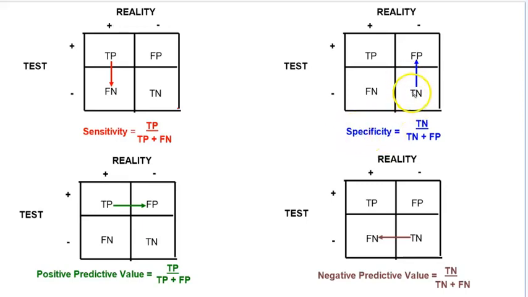Specificity, just trying to come up with a way for you to remember this. We're going on the negative side of the chart, and now the arrow is going up. And I shared with the class, just thinking about prayer. You know, our prayer life is such an important part of our day-to-day walk with the Lord. And prayer needs to be specific. Too much of our prayers are general.